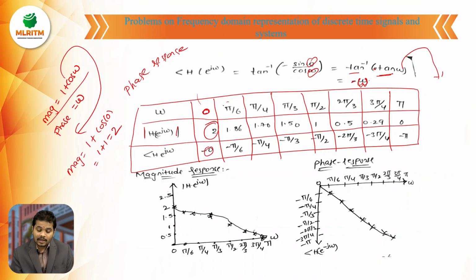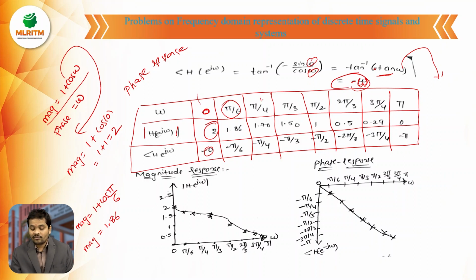Coming to pi by 6, if you substitute pi by 6 in the magnitude response, 1 plus cos pi by 6, and the phase response is minus pi by 6, because it is just the replica of omega. So the magnitude is 1 plus cos pi by 6, and by adding these two we get 1.86.